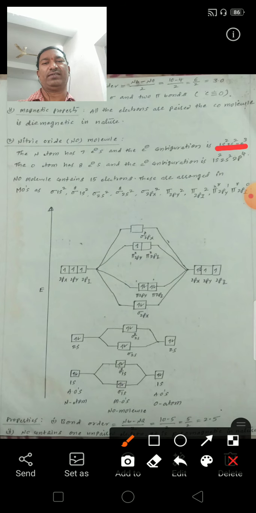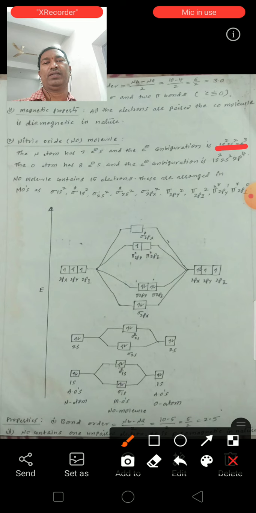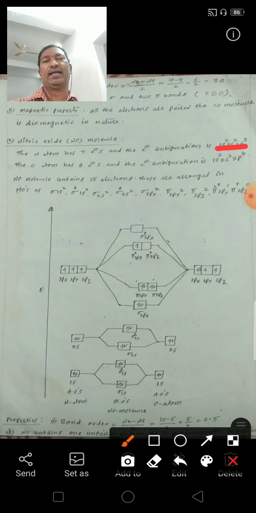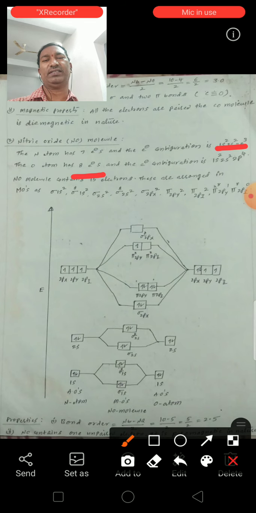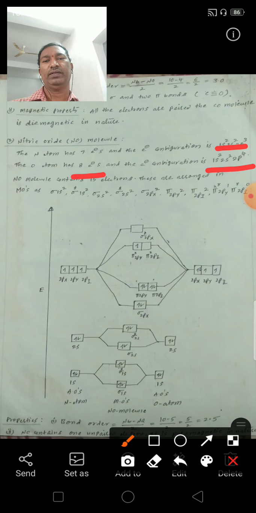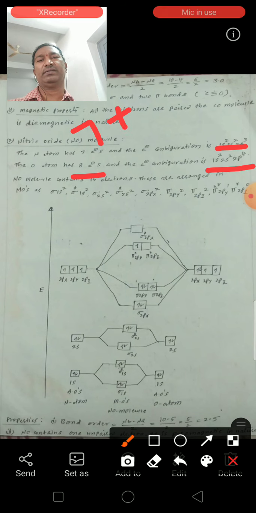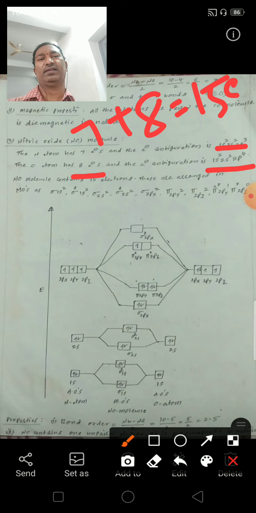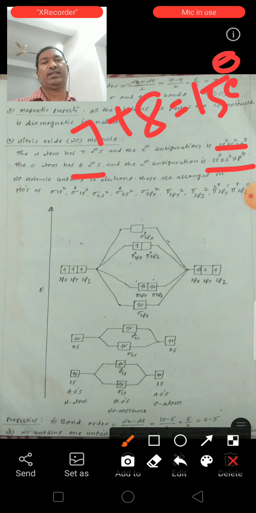The next atom is oxygen. The oxygen atom has 8 electrons because the atomic number of oxygen is 8, and the electronic configuration is 1s2, 2s2, 2p4. So total 7 plus 8, 15 electrons are there in the nitric oxide molecule.